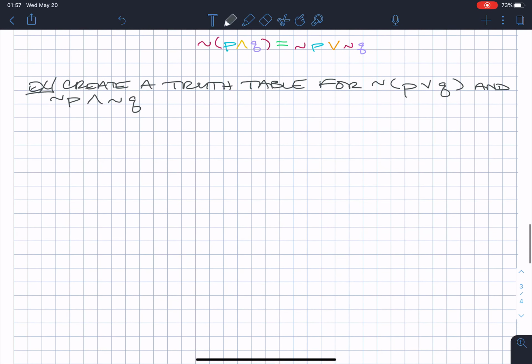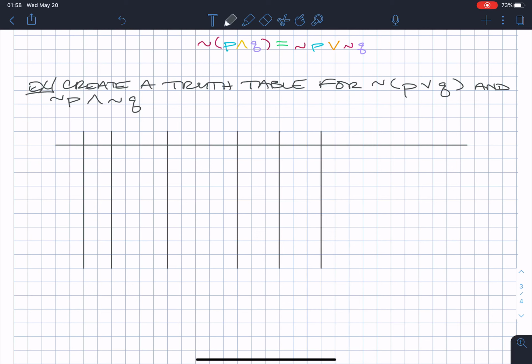Okay, so once again, we've got our chart here. We'll have an entry for the P's and the Q's. Then we will have an entry for P or Q, then an entry for not (P or Q), then an entry for not P, not Q, and then not P and not Q. So hopefully that'll be enough.